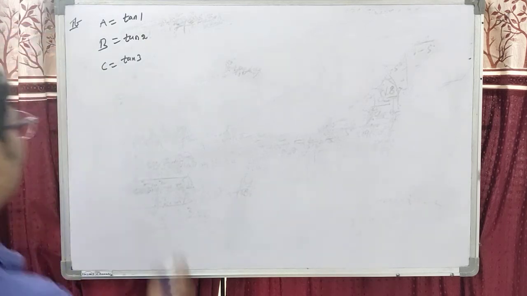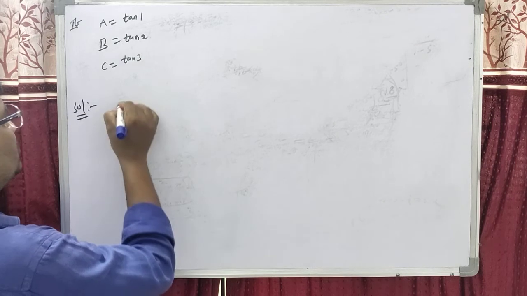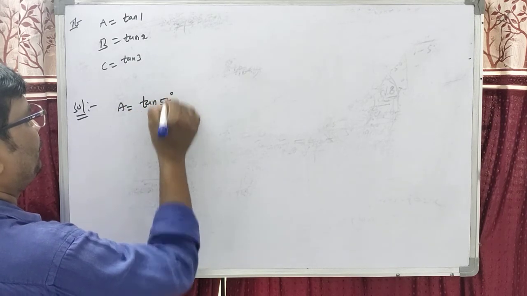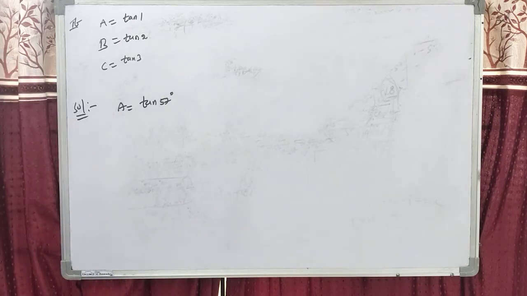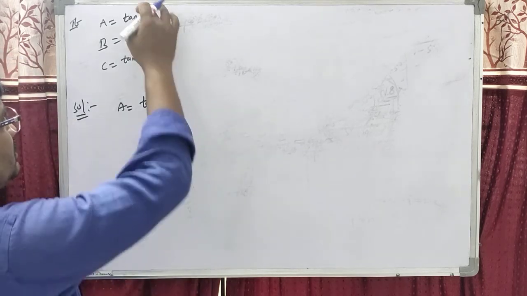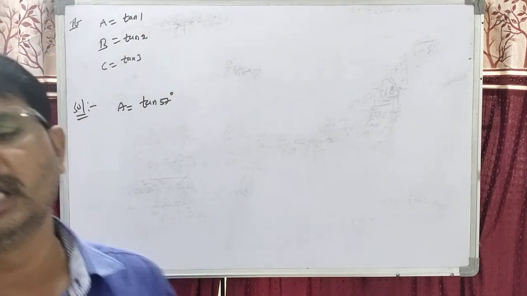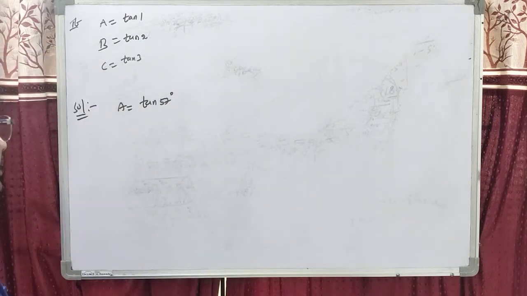Therefore, we take only the degrees: 1 radian is approximately 57 degrees. You can forget the minutes and seconds.